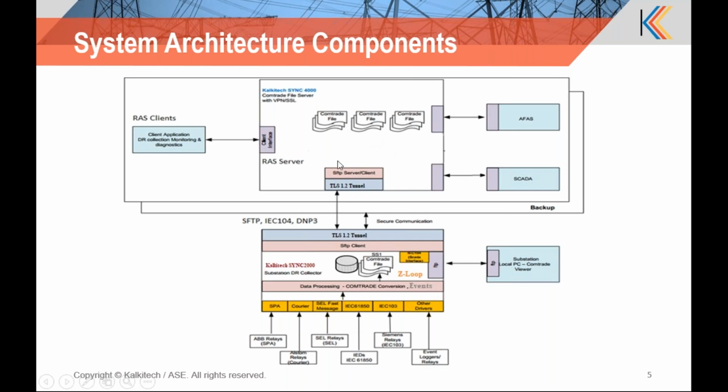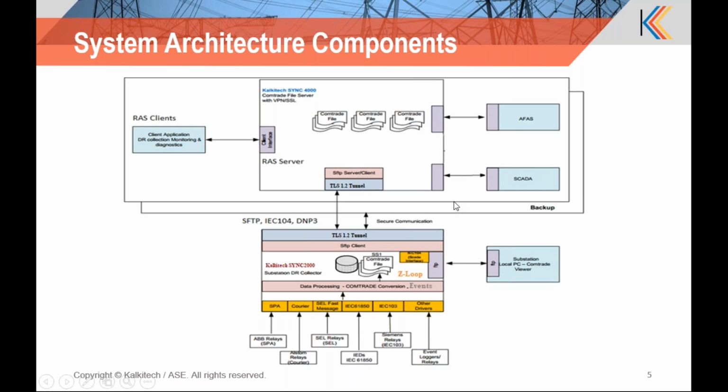At the central system, the detailed automatic fault analysis system can do the analysis of the COMTRADE files, and events are also collected from the relays. They are made into CSV format and then pushed to the central system, and the AFAS tool can analyze the COMTRADE combined with the events.